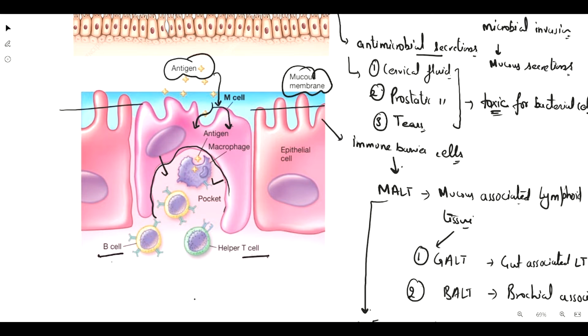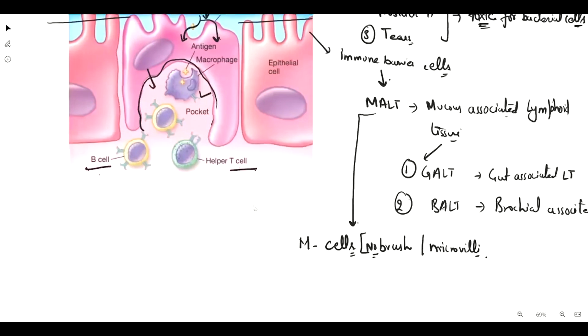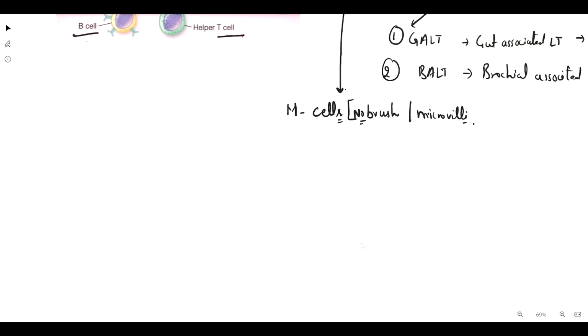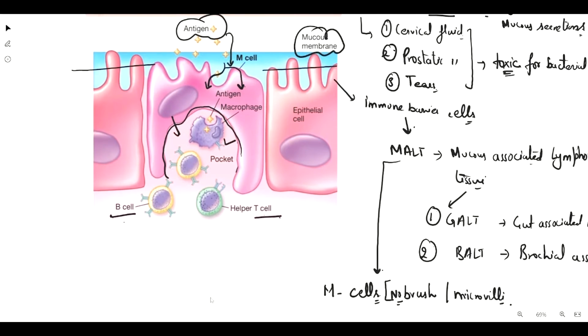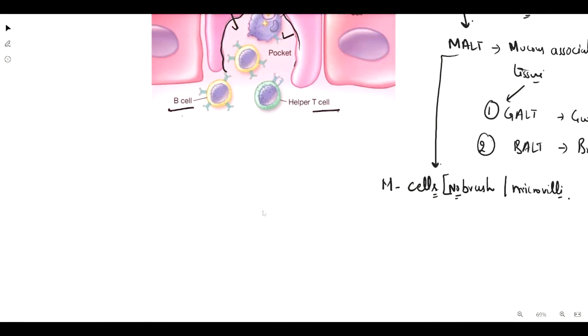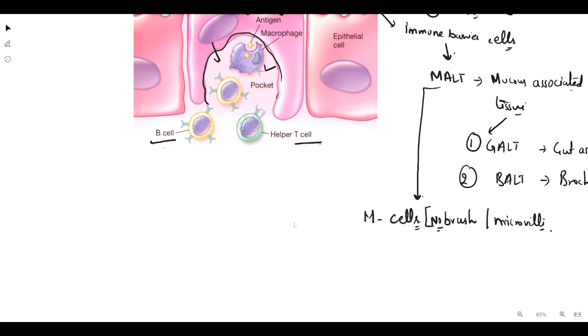They phagocytose this antigen and kill it. Sometimes M cells also deliver the antigen to organized lymphoid tissue present beneath them, a follicle type of tissue which is rich in B cells.